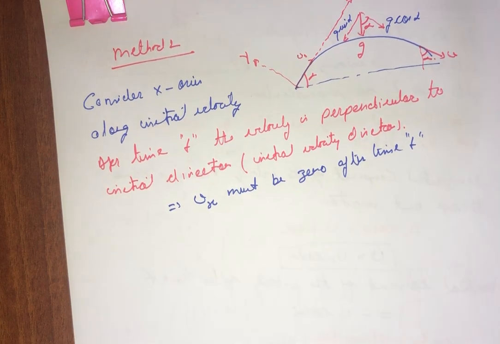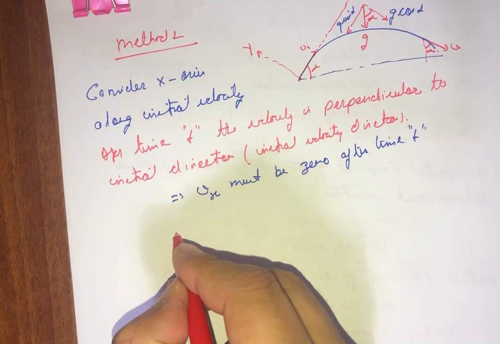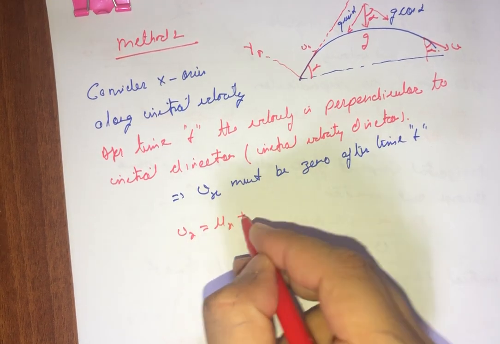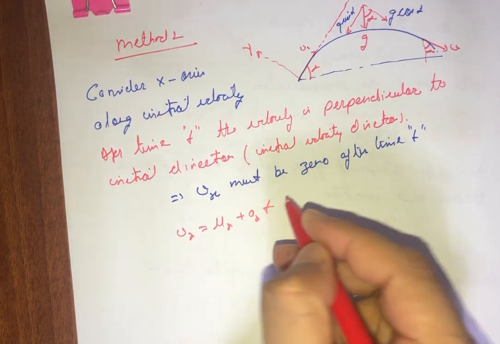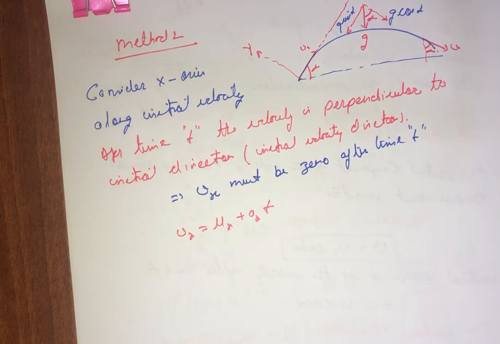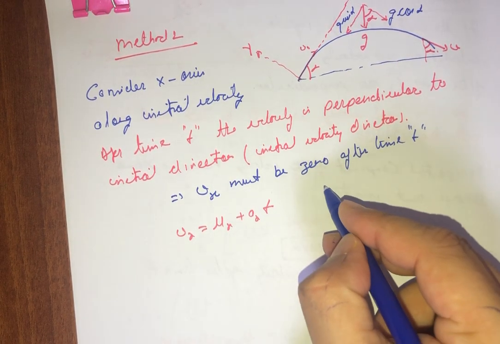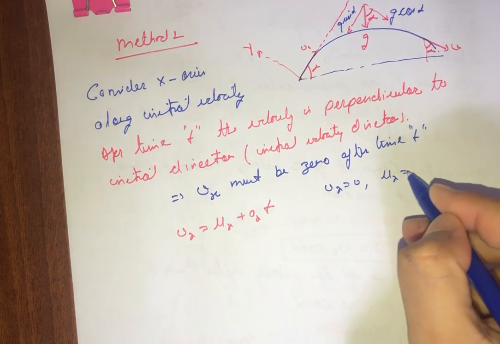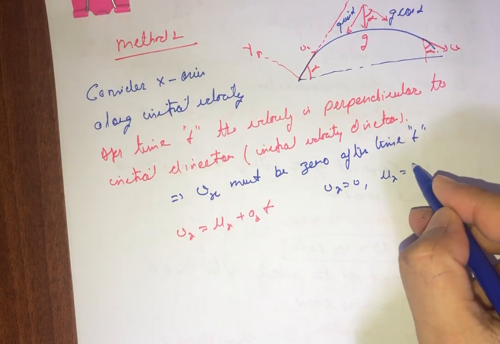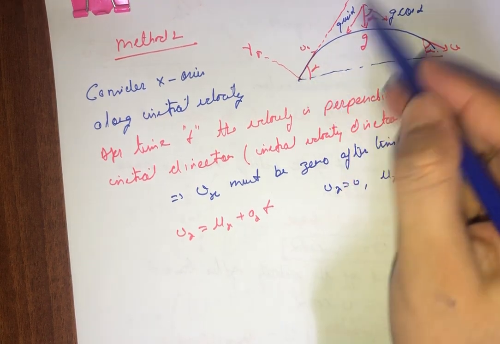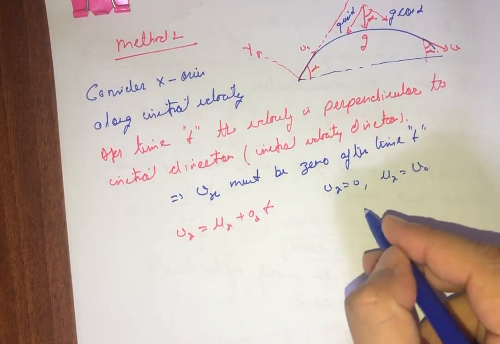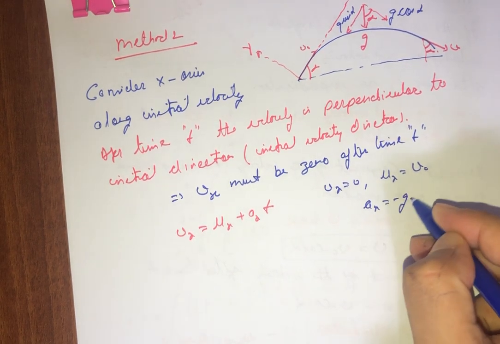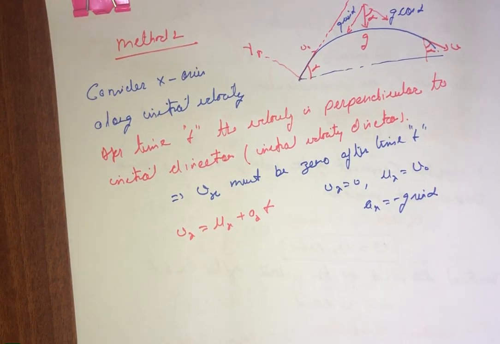So we are going to use the kinematics equation in x direction. So we can write v of x is equal to ux plus ax into t. So we already said that Vx will be 0, so we write Vx equal to 0 and Ux will be equal to V naught because it is the initial velocity in x direction, and we are going to have A of x that will be equal to minus g sine of alpha.